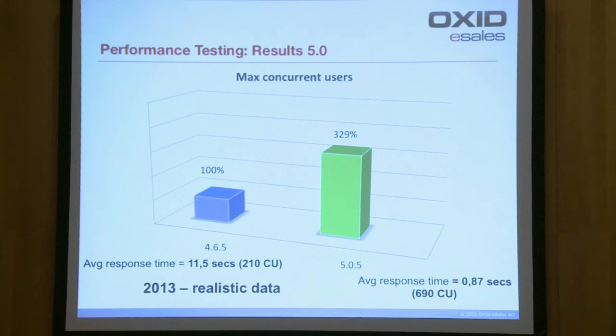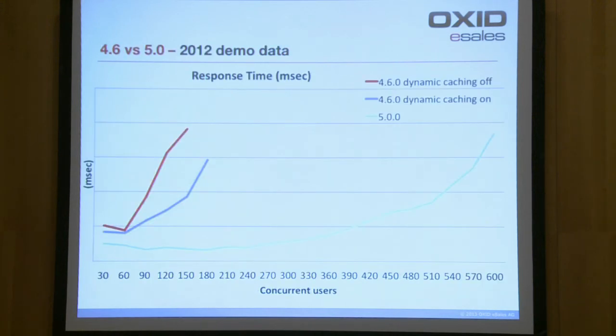So let's compare that in a graph. This is the one which was actually shown to the parties and had some very nice factors in there. It is 11 times faster. The response time is 11 times better than the 4.6.5 without dynamic caching, but still over 9 times faster than the one with dynamic caching.